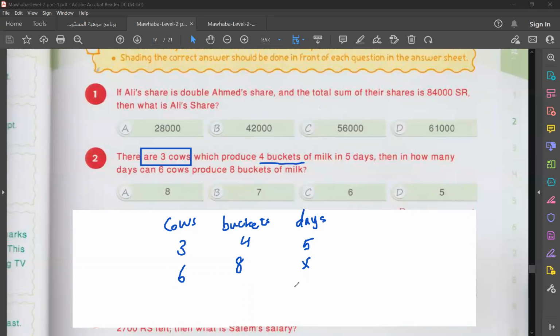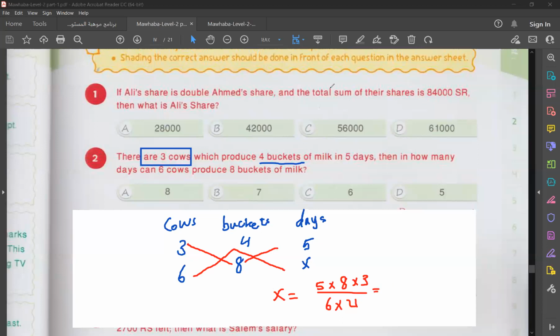So how do I find X here? Only I think you multiply by 3 quantity, this 5 times 8 times 3, and divided by 2 quantities that represent 2x. So x equals 5 times 8 times 3 divided by 6 times 4. So now we get the answer.